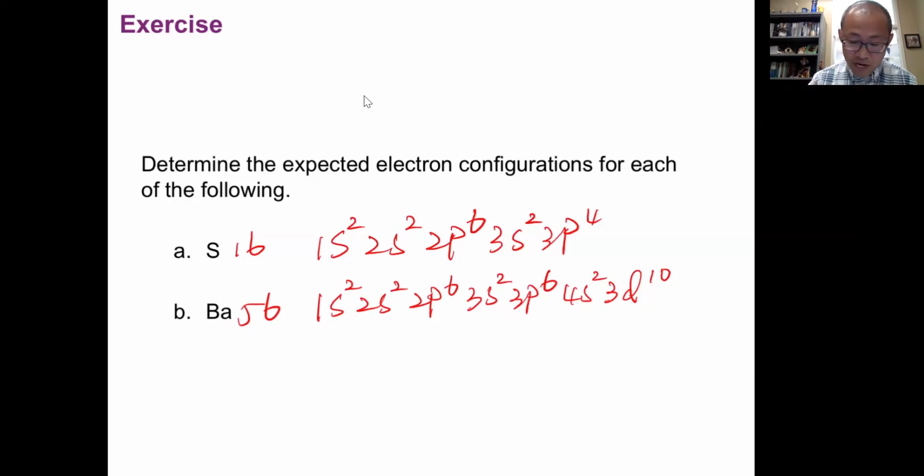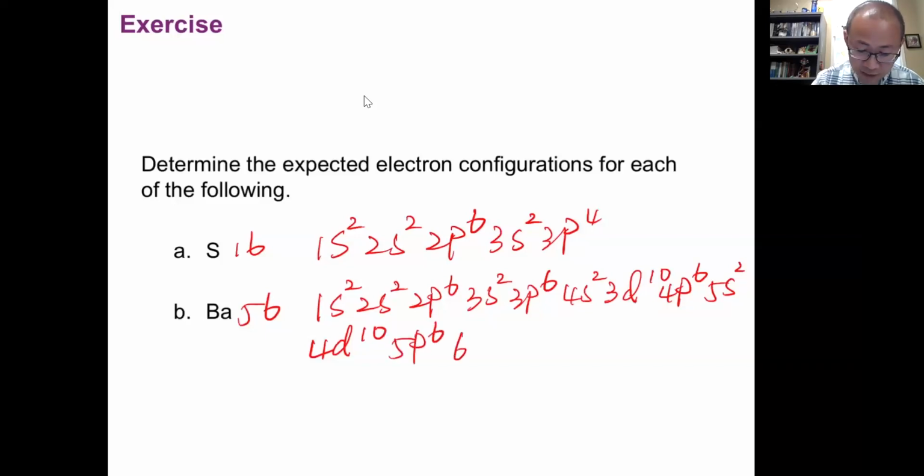After 3d is 4p, again 4p6. After 4p6 is 5s2 and 4d10, and then 5p6 and 6s2.